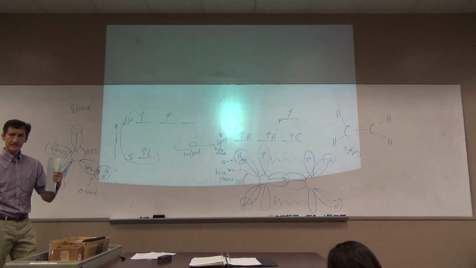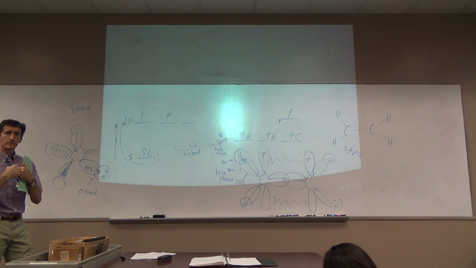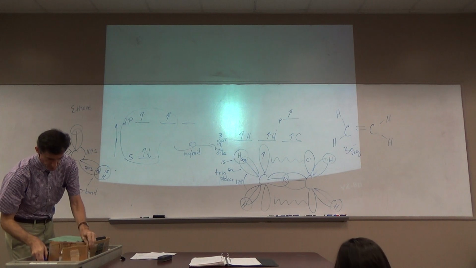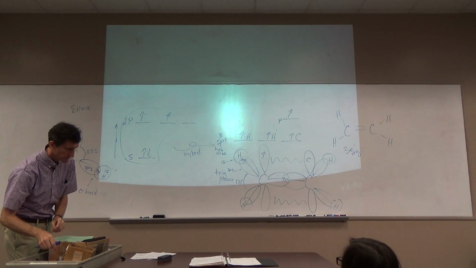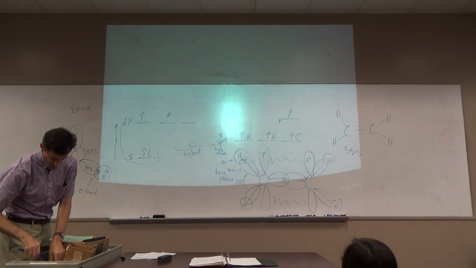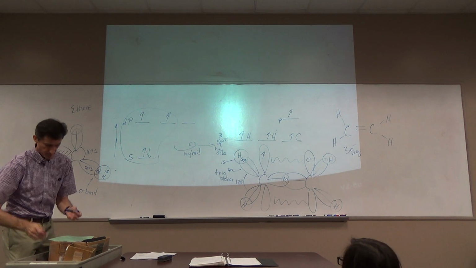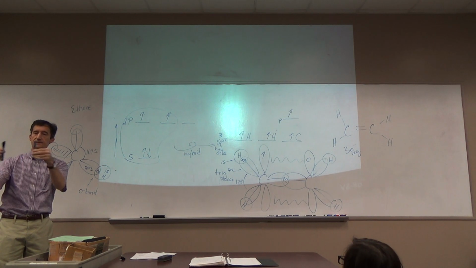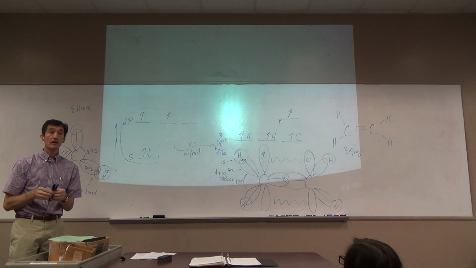But they're not interacting head to head, they're interacting side to side. Okay? I wish I had the old pen, because with the old pens you could bond them together. These won't bond. Head to head, sigma bond; side to side, pi bond.